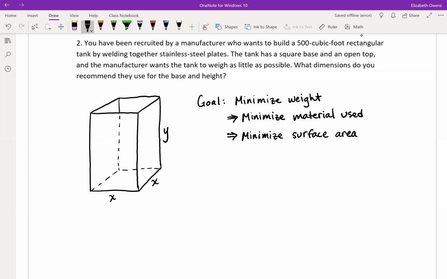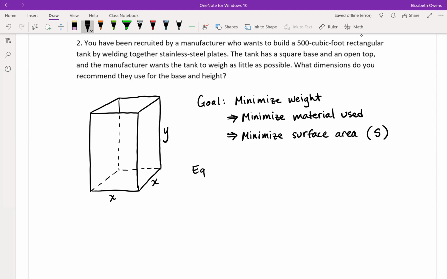And that is something that we can actually come up with an equation for fairly easily. Weight, not so much. Material used, maybe not so much, but surface area, yeah, we can get that. So I'm going to call that surface area, let's call it S for surface.